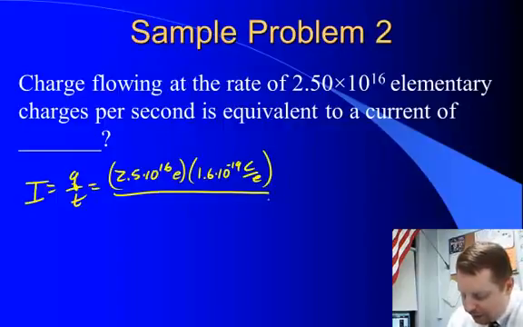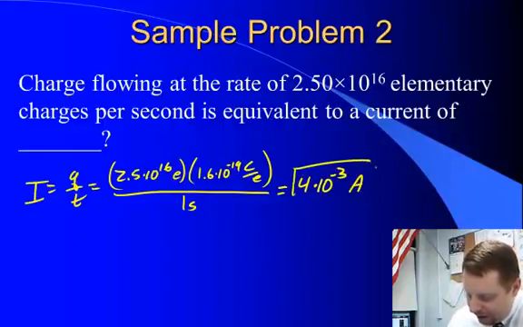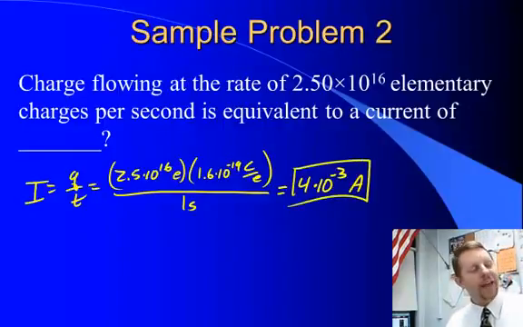We'll divide that by our time of 1 second and come up with about 4 times 10 to the minus 3 amps. Had to convert from elementary charges to coulombs in this problem.